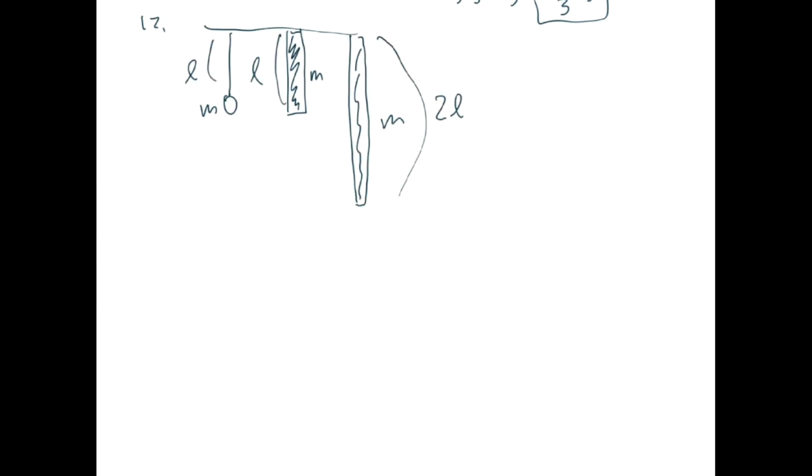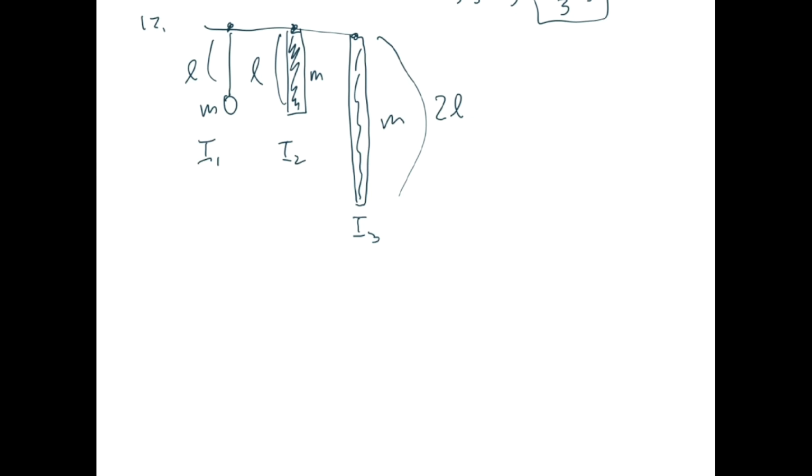The question asks us to rank the moments of inertia I1, I2, and I3 around their pivot points, respectively. So let's just calculate the moment of inertia of these things. For the first one, I1, this is simply mL squared, because it's just the mass that's L away from the pivot.